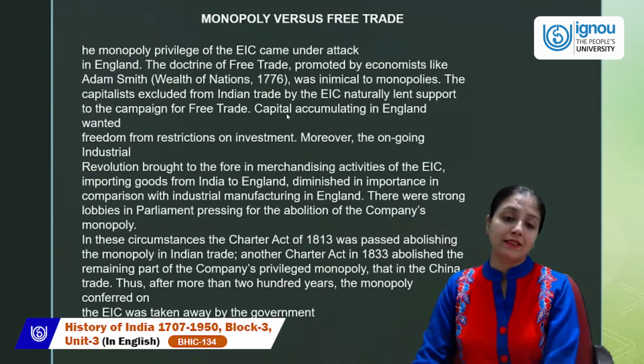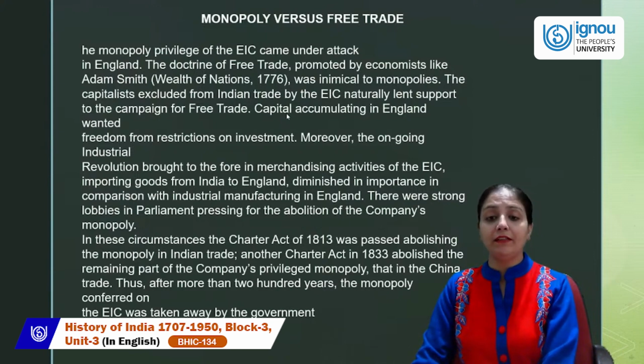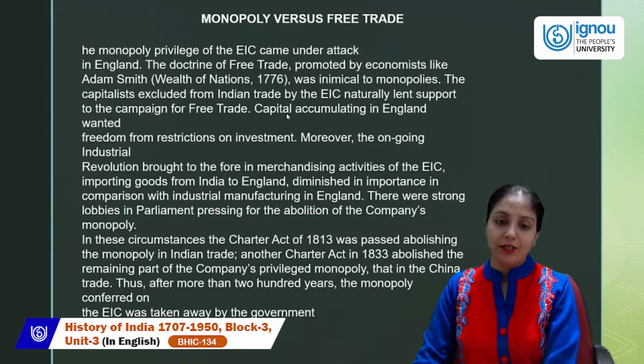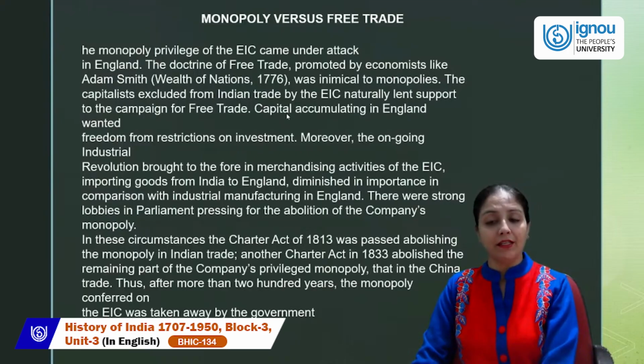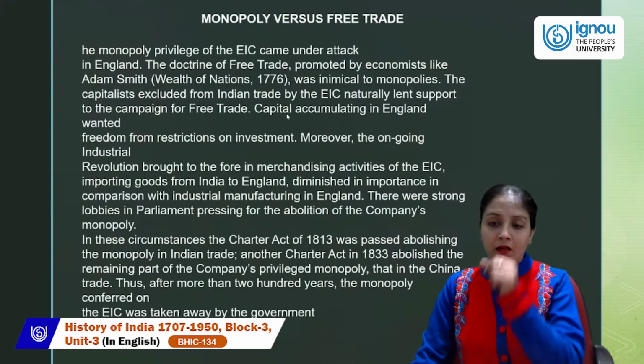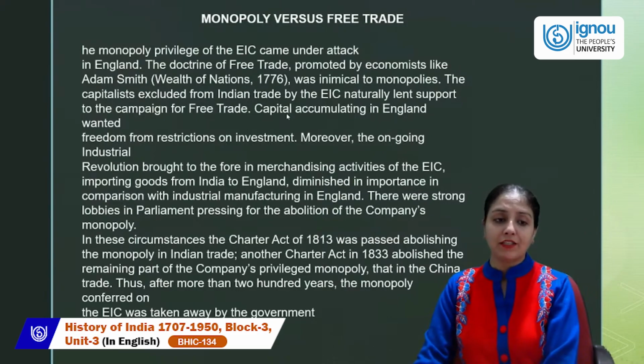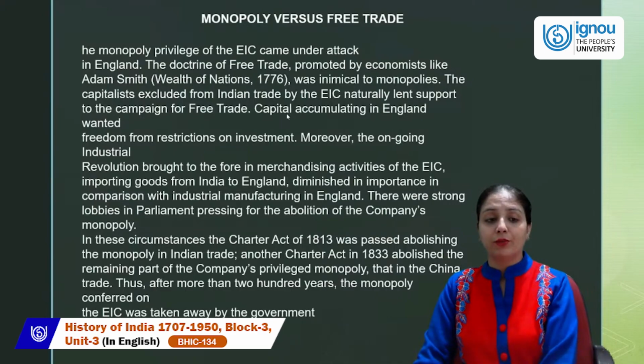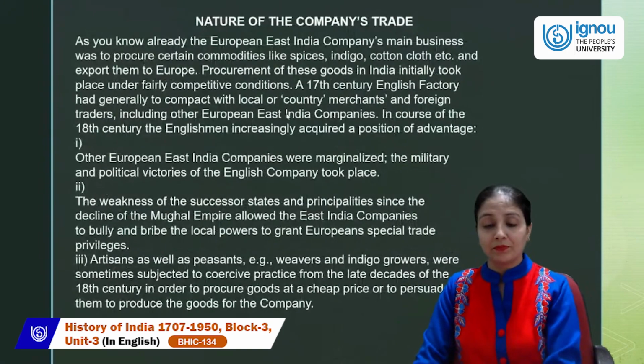In these circumstances, the Charter Act of 1813 was passed, abolishing the monopoly in Indian trade. Another Charter Act in 1839 abolished the remaining part of the company's privileged monopoly in the China trade. After more than 200 years, the monopoly conferred on the East India Company was taken away by the government.